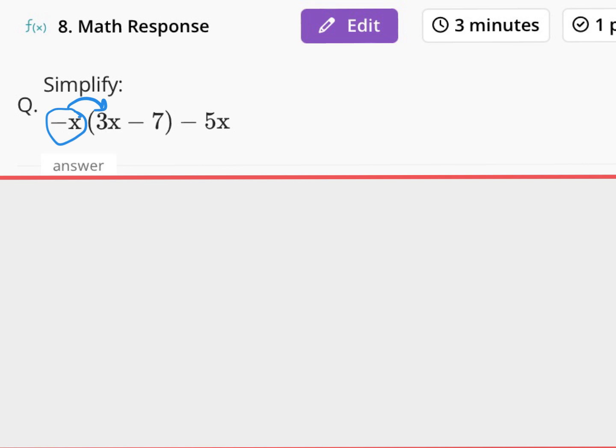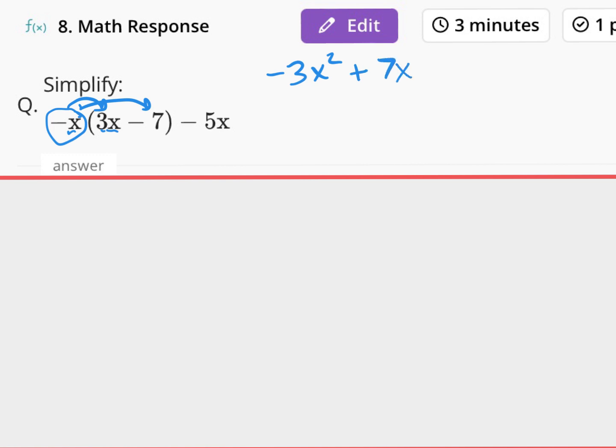Okay, so our first part of our answer is going to be a negative 3. And then x times x is x squared. So I hope we understand that negative x times positive 3x, negative 1 times 3 is negative 3, x times x is x squared. And now let's distribute that negative x to the other term, the negative 7. A negative x times a negative 7 is a positive 7x.